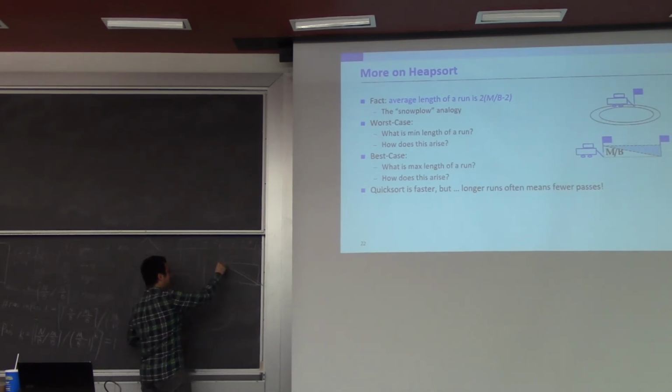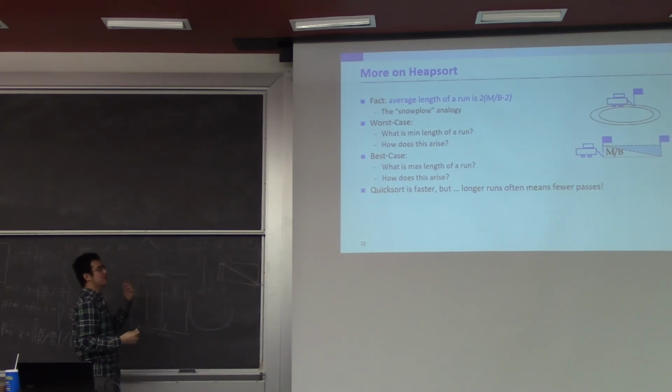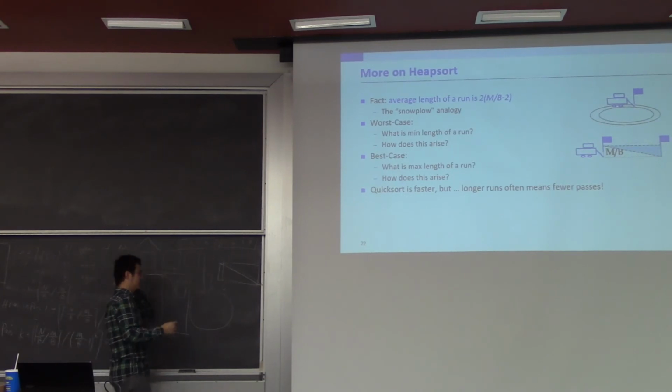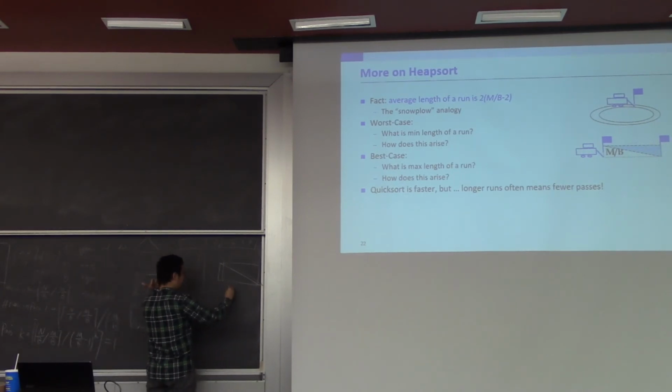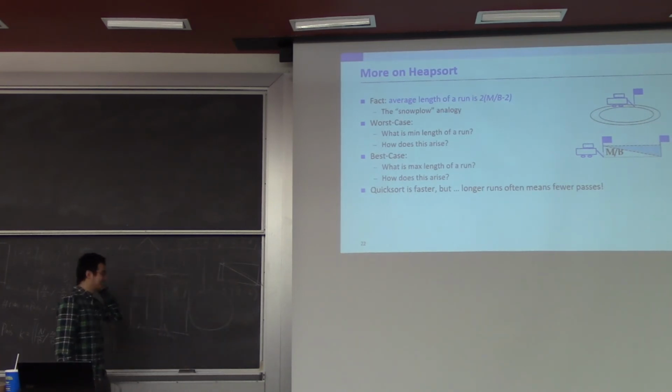So the whole amount of snow that was removed is actually 2 times the lower triangle. But what is the lower triangle? In this analogy, it's the memory size. So that will give you an idea of why they say this is an analogy of the average length of the run.